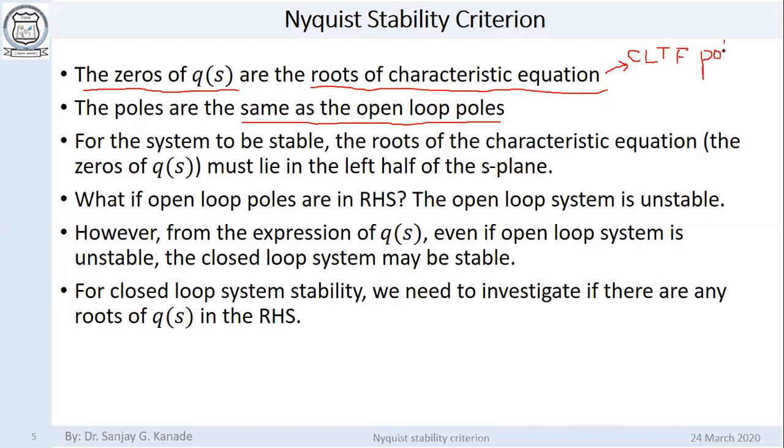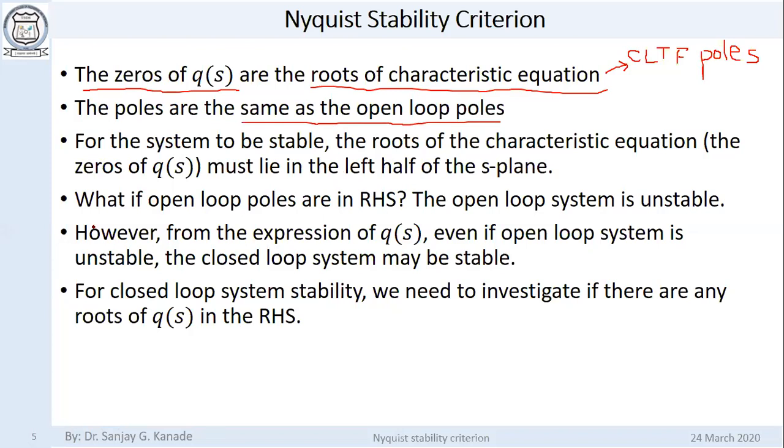What I have said? Okay, we are talking about the basic things. Zeros means what? Whenever an equation becomes 0, that value is called a zero. So roots of the characteristic equation are the zeros of the characteristic equation, and that means those are the poles of the closed loop transfer function or the closed loop poles of the system.